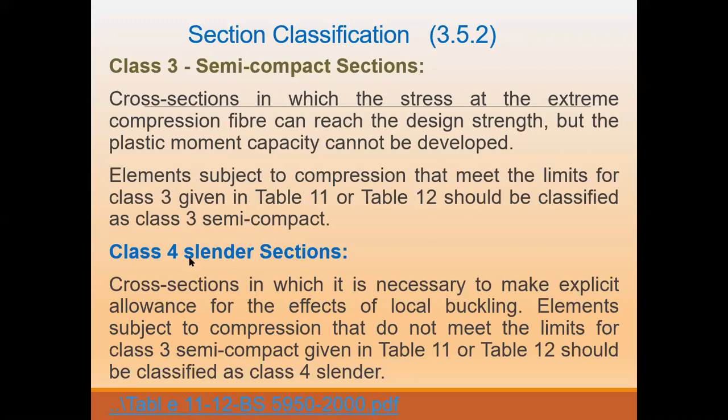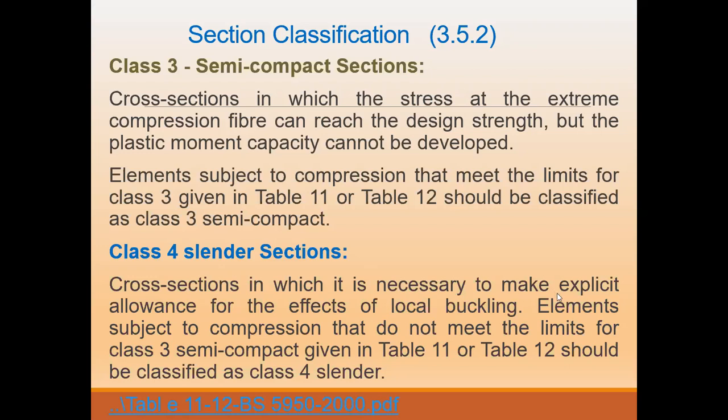The last section, which is class 4, is the slender section. When designing for this one, we should ensure a sufficient allowance to take into account the effects of local buckling. Because class 4 sections are all slender.